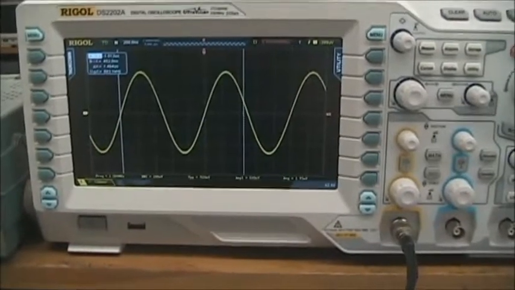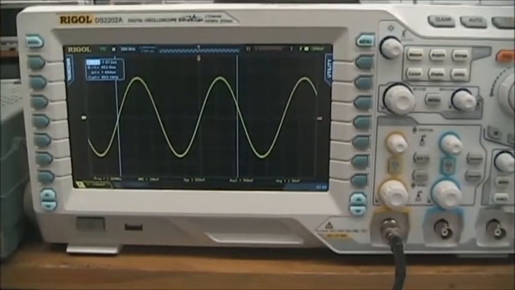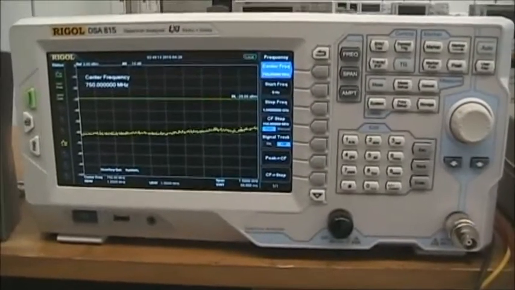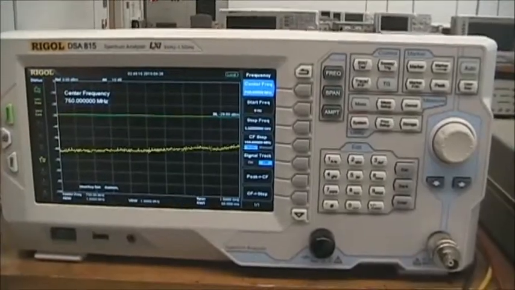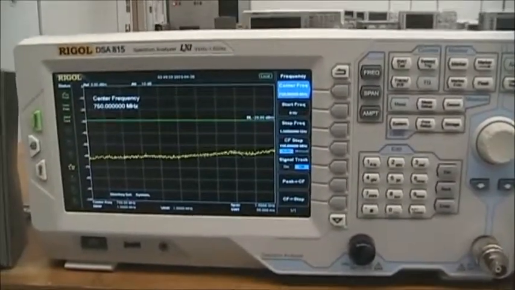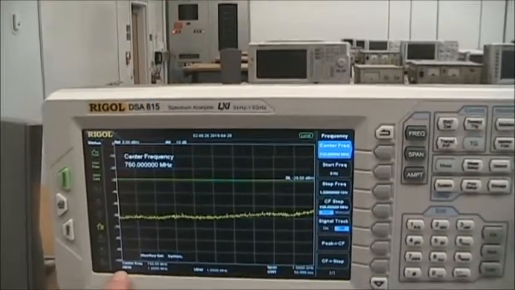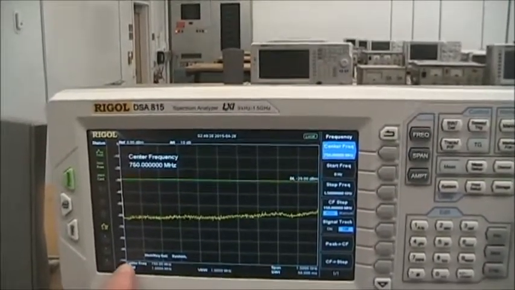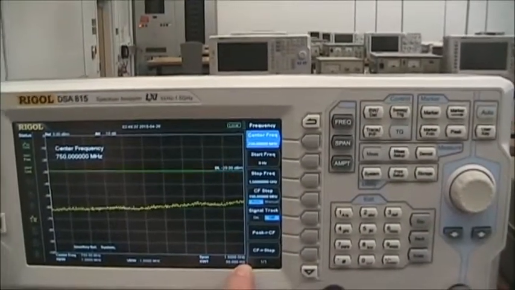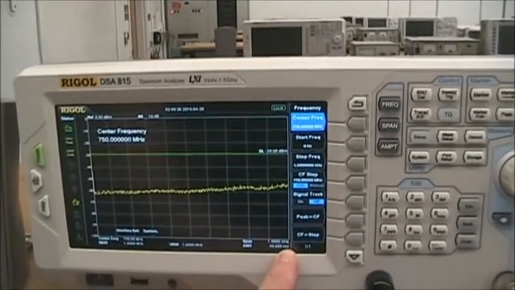Before we check the signal on the spectrum analyzer, we need to review its setup screen without an input. When the spectrum analyzer is first turned on, or after pushing the preset button, the default settings are the following. The horizontal axis is a linear axis from the left-hand side of 0 hertz to 1.5 gigahertz, or 1500 megahertz, as the stop frequency.